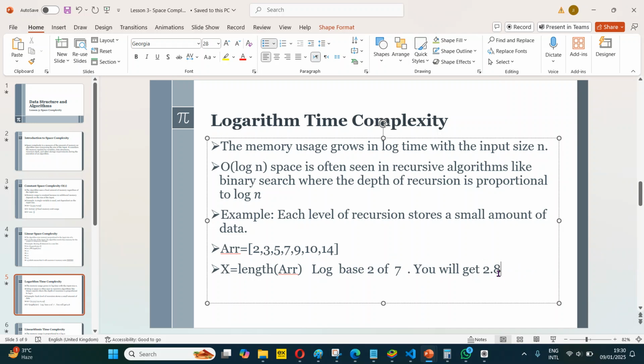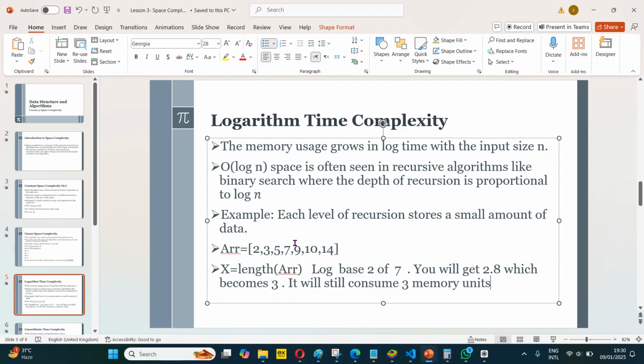So now the memory unit is discrete, right? So we'll round it up to a whole number, which becomes what? 3. So it means that if there are 7 items here, it will still consume 3 memory units.